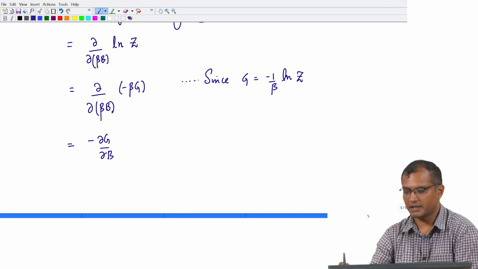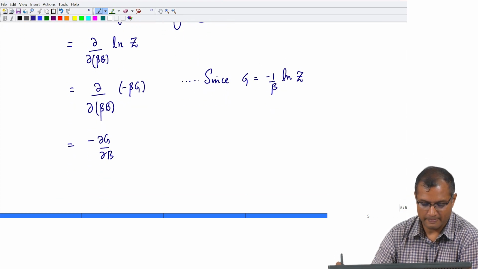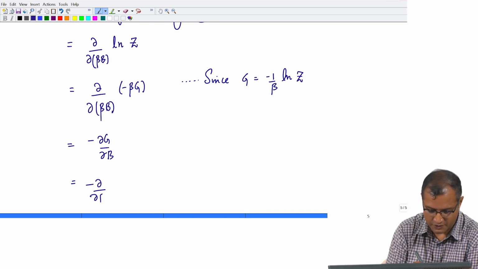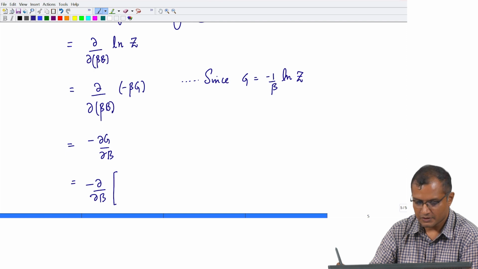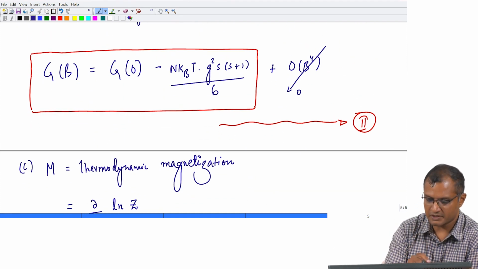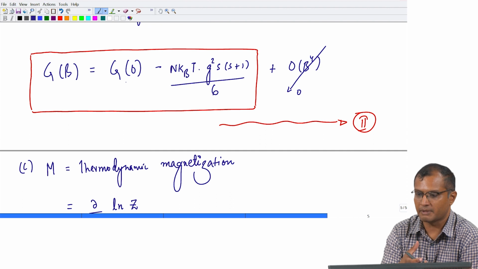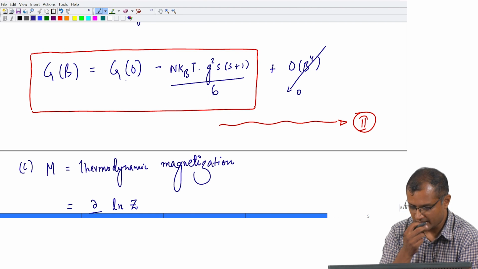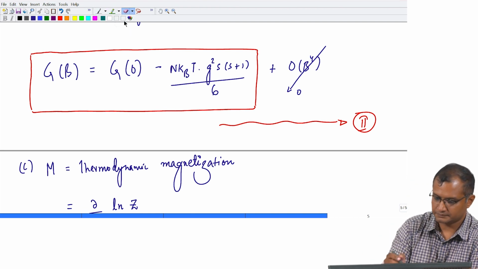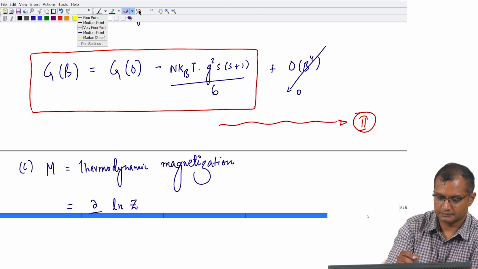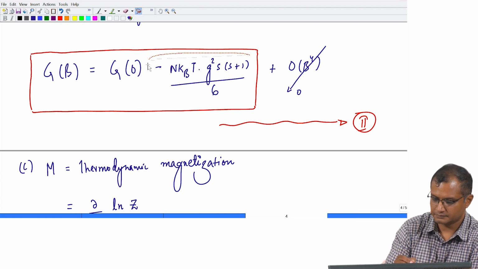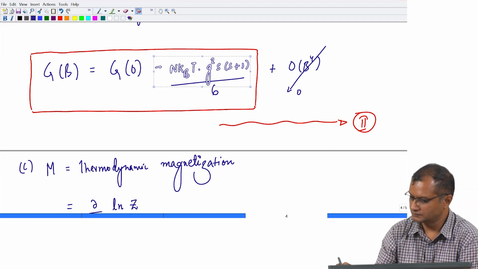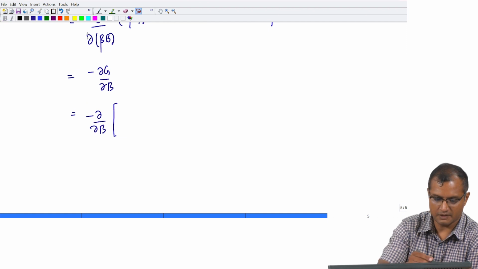Okay. This is my magnetization, and I have used the value of the Gibbs free energy that is just computed for small fields. I can just substitute; the leading term has no dependence on the magnetic field. The dependence comes only from g square. So, I will substitute that here for g.